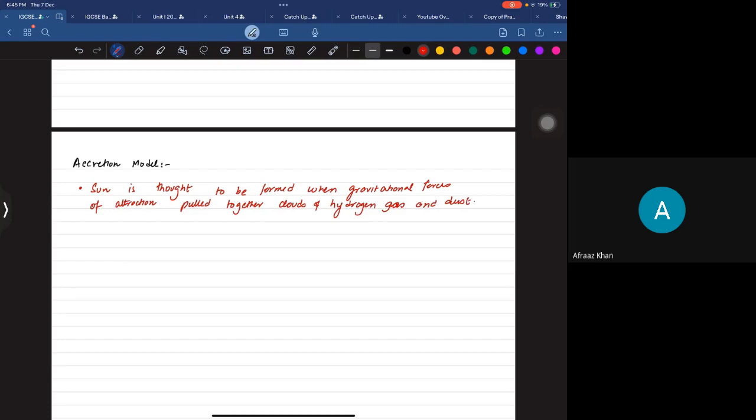When it's formed, this is basically the formation of nebulae. Nebulae is the plural term of nebula. It's basically a dense cloud of gas and dust.